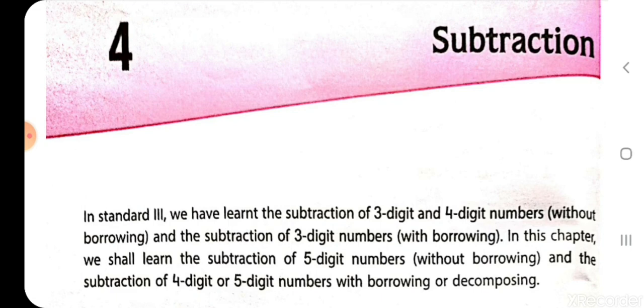You have already done 3-digit, 4-digit subtraction with and without borrowing in your previous class 3, and today we will start with 3, 4 and 5 digit subtraction with borrowing and without borrowing also.